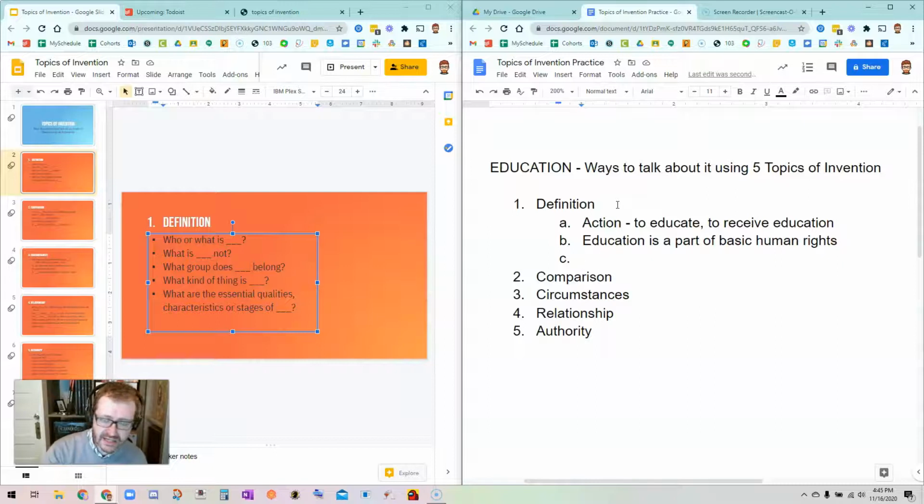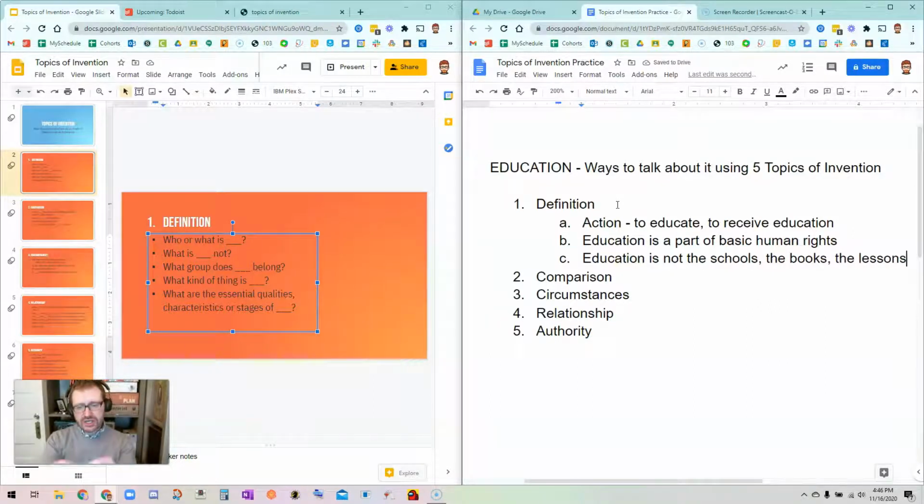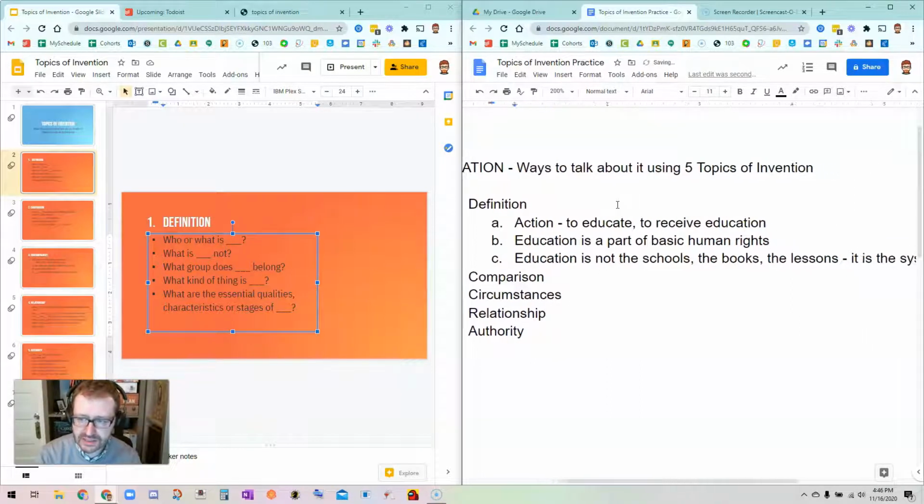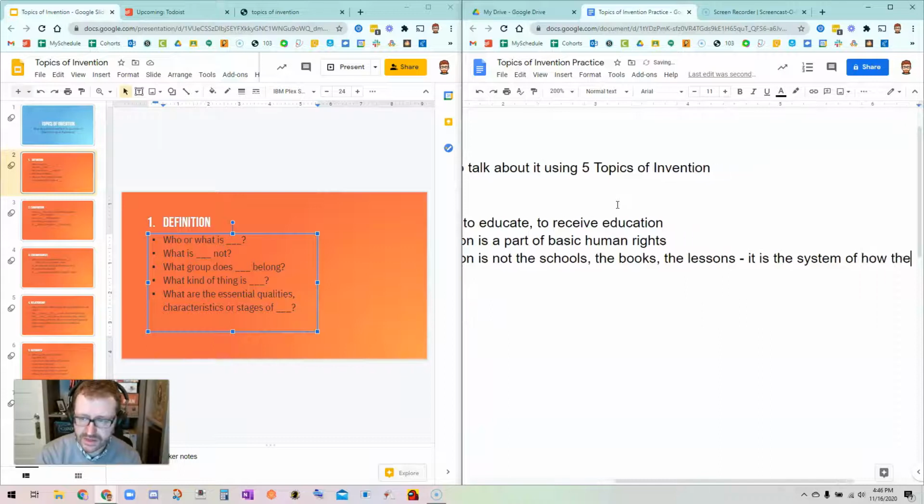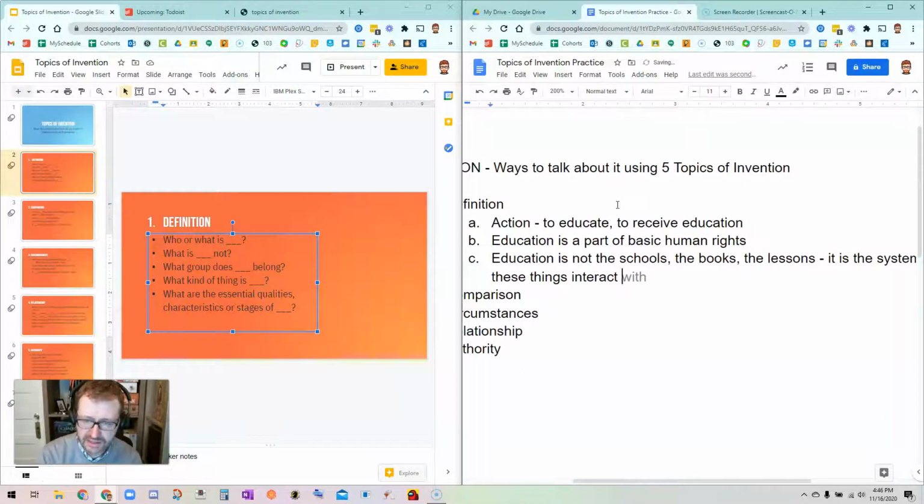I might say that education is not the schools, the books, the lessons, those things themselves are not the education. It is the system of how these things interact with people.